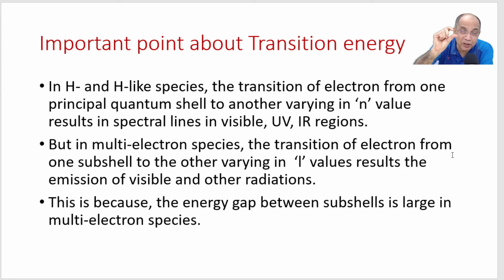Because the gap between 3s and 3p in a multi-electron system, 2s and 2p, 4s and 4p, is good enough for UV visible emission. But for the hydrogen spectrum, the gap between two different principal quantum levels, n values, will correspond to the visible or UV radiation, right?